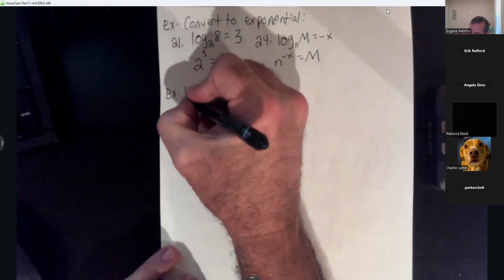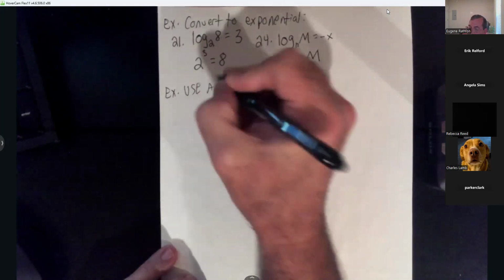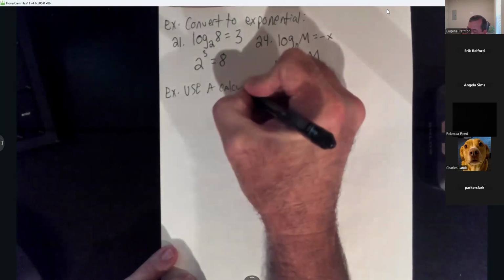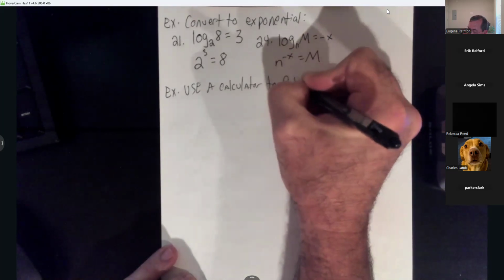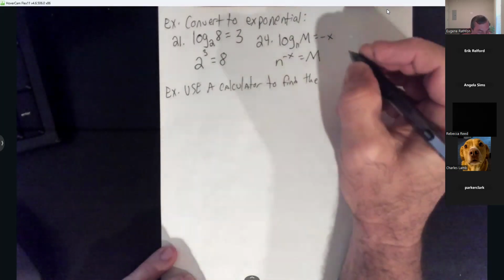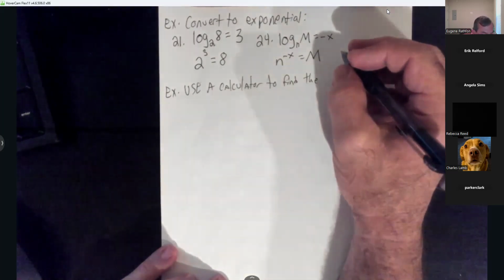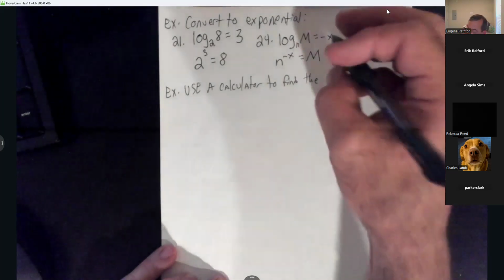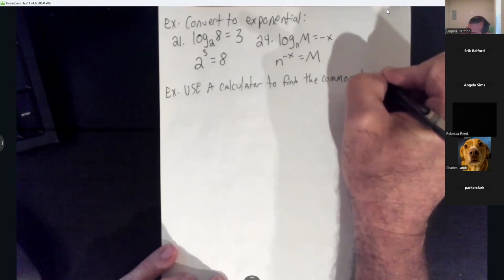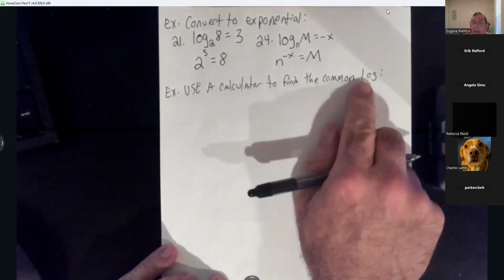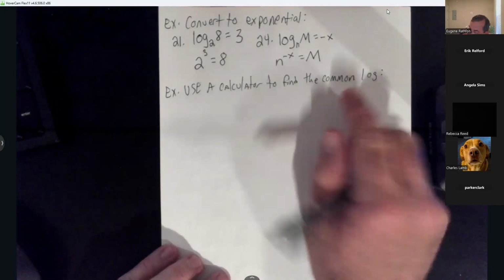All right, these next examples say use a calculator to find, well, these ones are saying to find the common logarithm. Now, the common log is the one that's on your calculator.